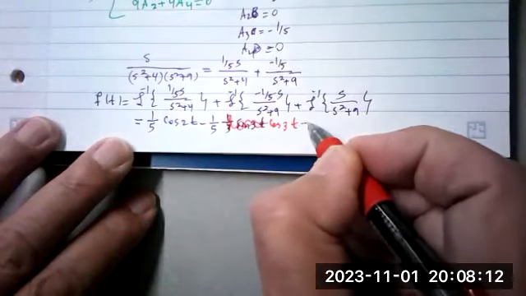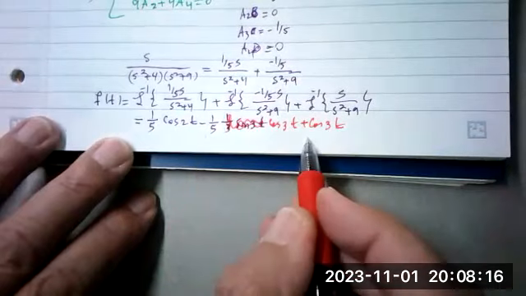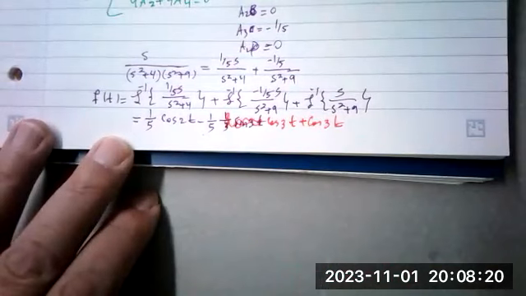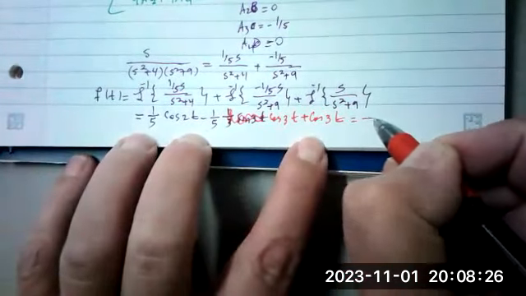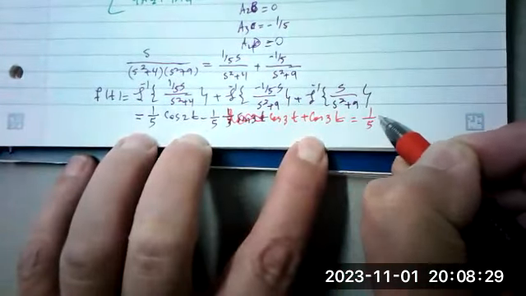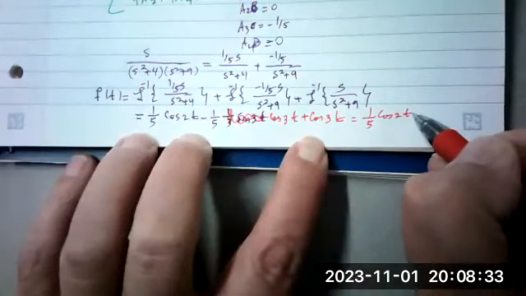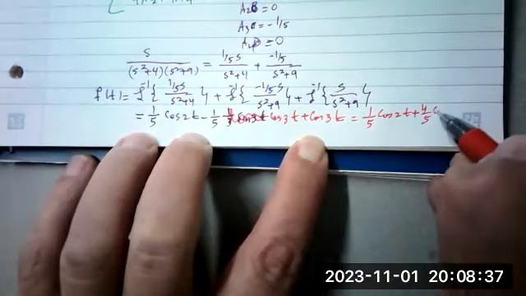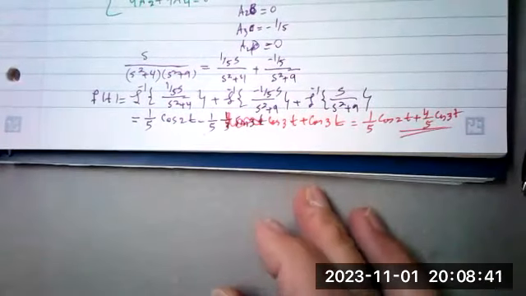And the last one would be what? Cosine of 3t. You get a 1/5 and the cosine of 3t, you can put them together. It's going to be 4/5. So the final answer is this one: 1/5 cosine of 2t, and this would be 4/5 cosine of 3t. This seems to be the final answer.